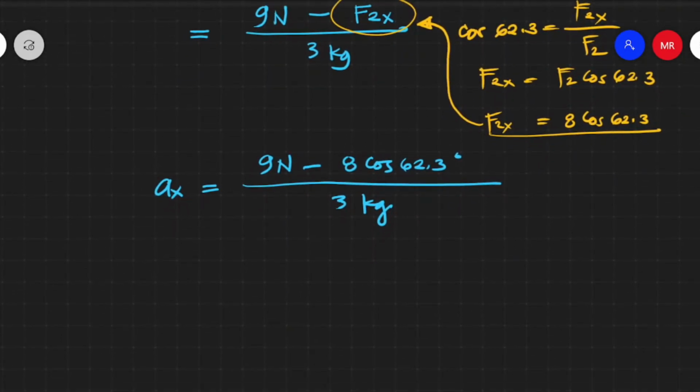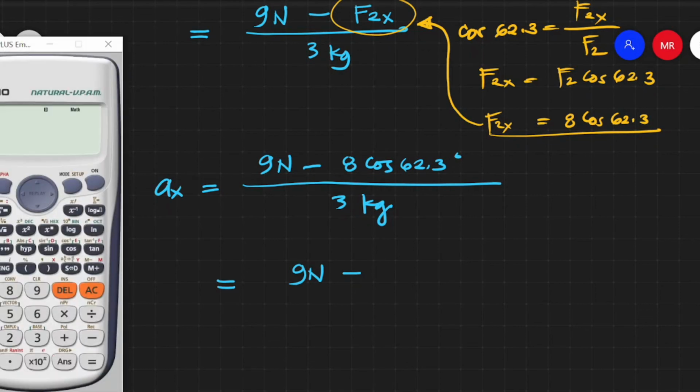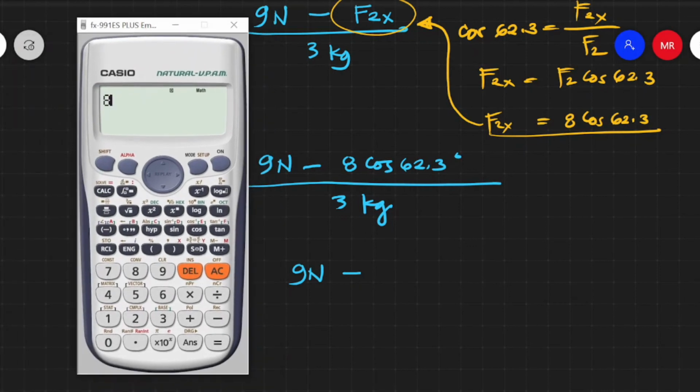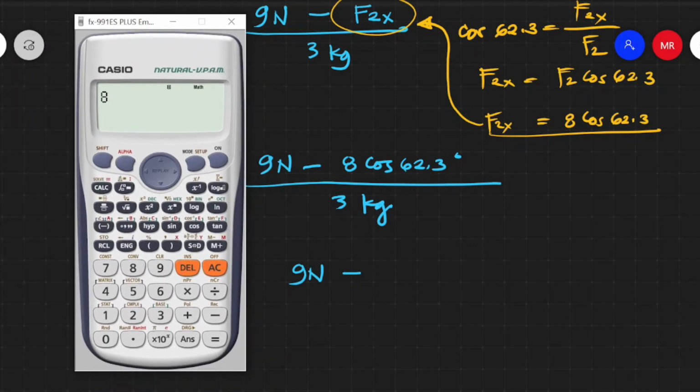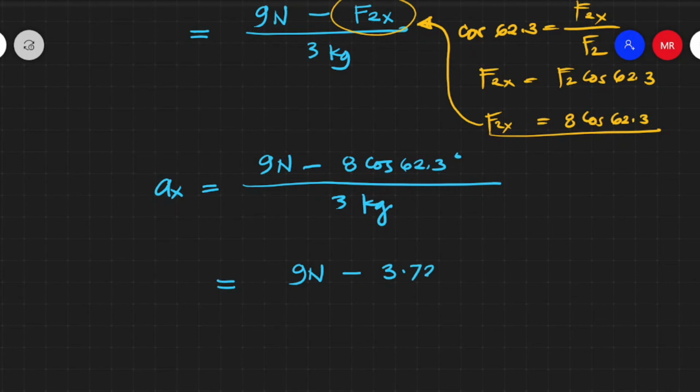So let us solve. 9 newtons minus 8 cosine 62.3 degrees, 8 cosine 62.3 is equal to 3.72, so approximately 3.72 newtons, all over 3 kilograms.